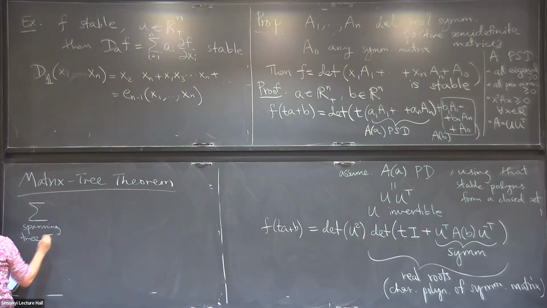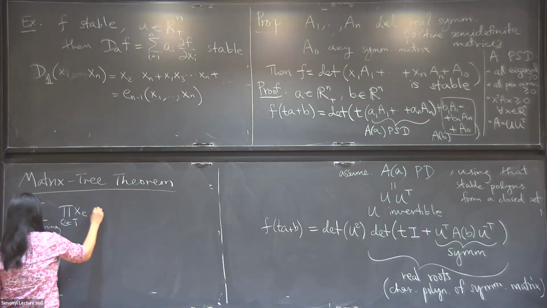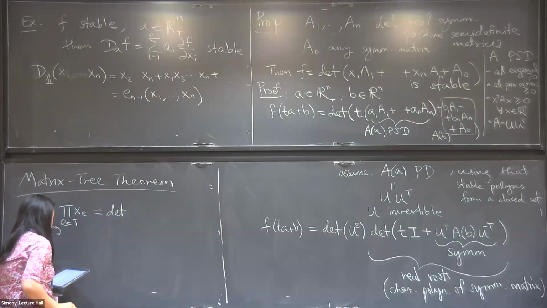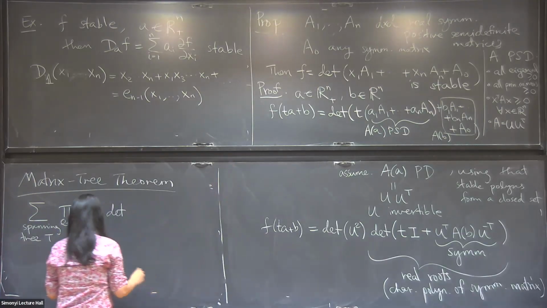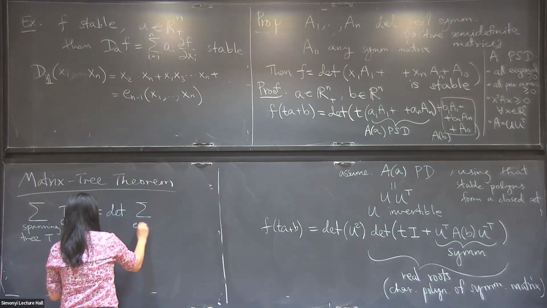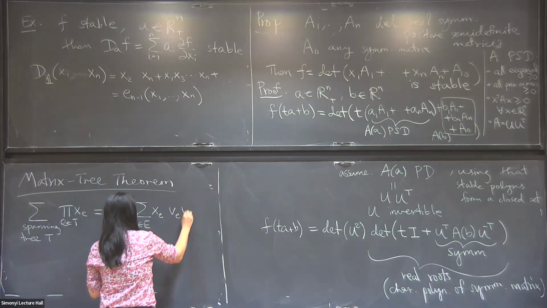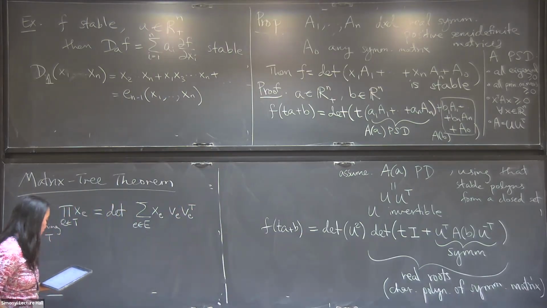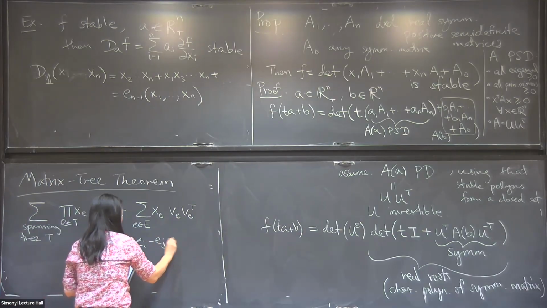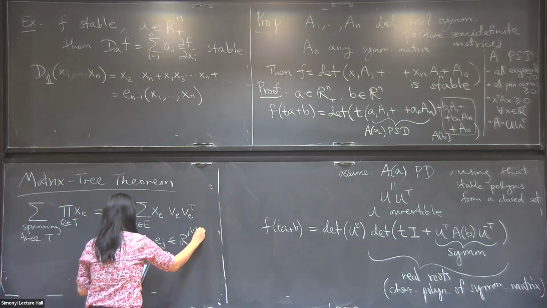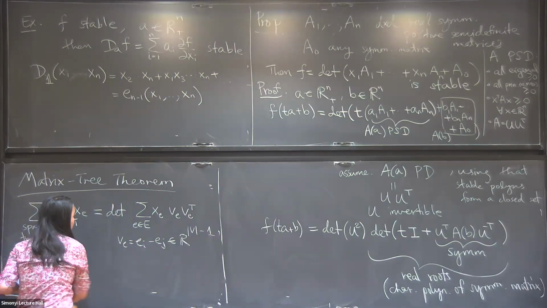The spanning tree generating function of the graph is equal to a determinant that looks like this: the sum over all the edges, x_e times v_e v_e transpose, where v_e is the vector e_i minus e_j.